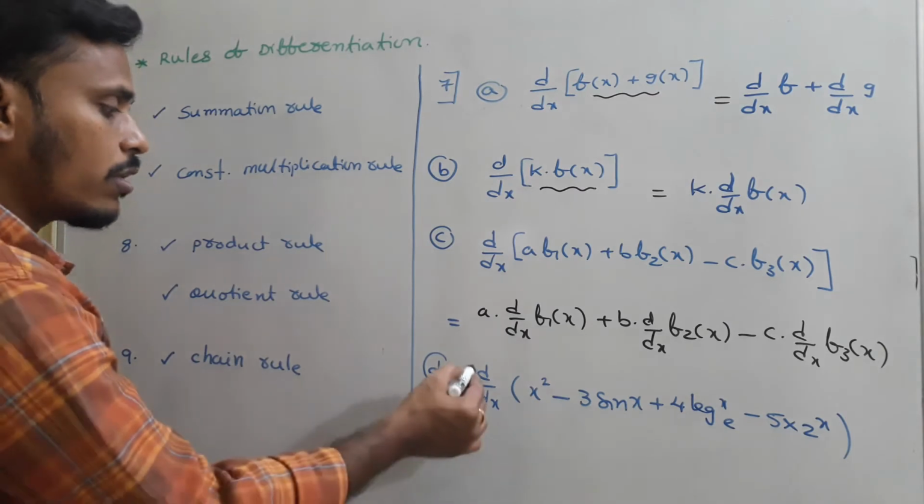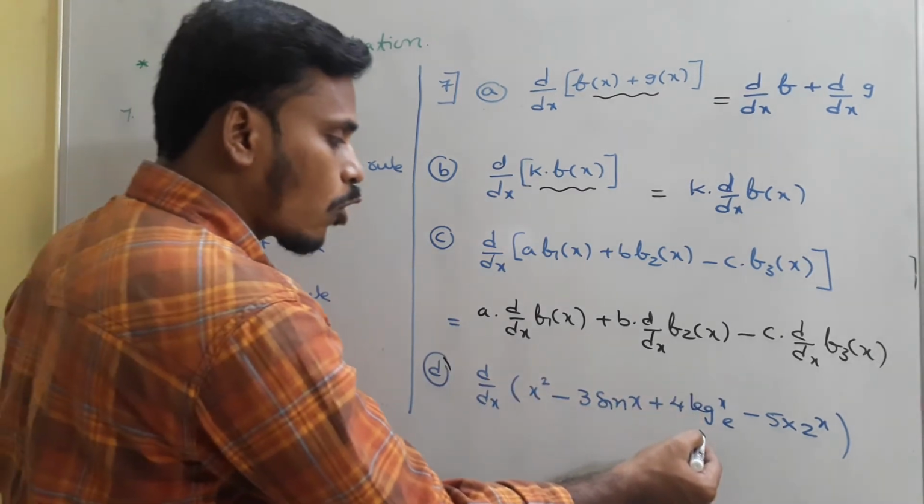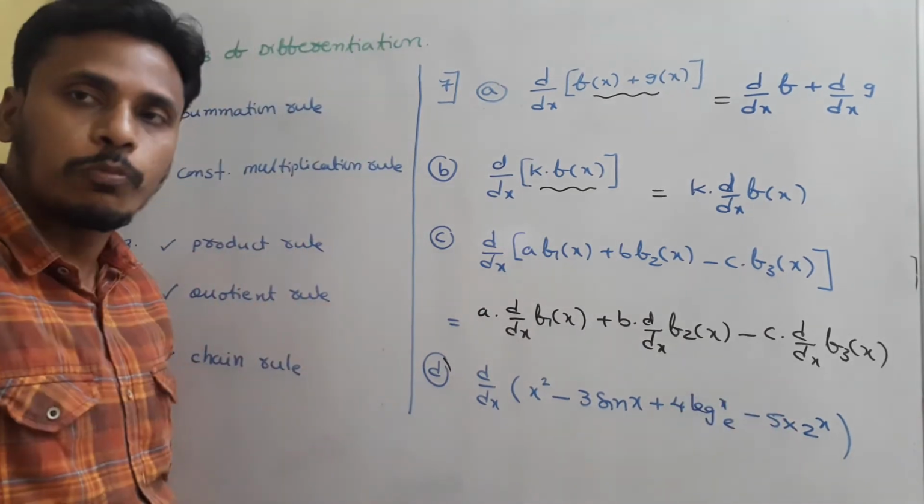Now think about d by dx of x square minus 3 sin x plus 4 log x base e minus 5 into 2 power x.